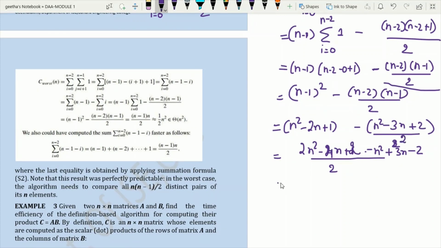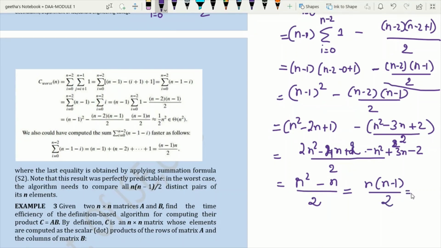Next, 2n square minus n square gives n square, minus 4n plus 3n gives minus n, and 2 minus 2 is 0, divided by 2, which is nothing but n times n minus 1 divided by 2.